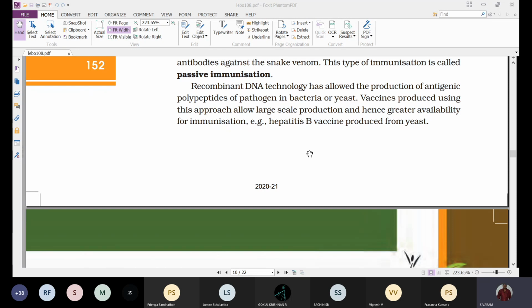The biotechnologists identify the gene which is involved in the production of that antigenic structure, whether it is a protein, a lipid or a carbohydrate. They identify that gene, which is isolated from that pathogen and introduced into the genetic material of any organism which can be easily grown, like bacteria or yeast.